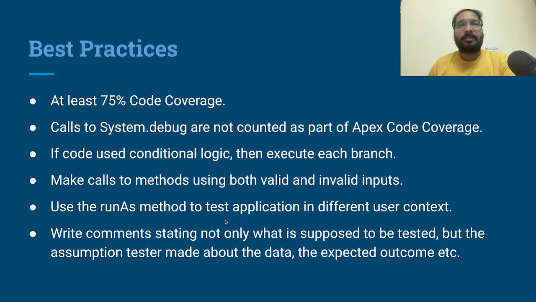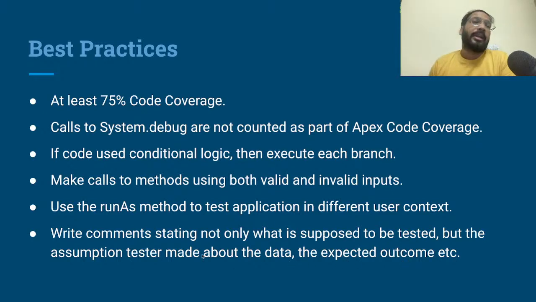Then use the runAs method to test the application in different user contexts. I already showed you that to use the runAs method, you need to create the user first. Then write comments stating not only what is supposed to be tested, but the assumptions the tester made about the data and the expected outcome.